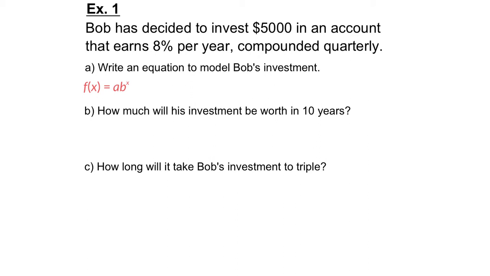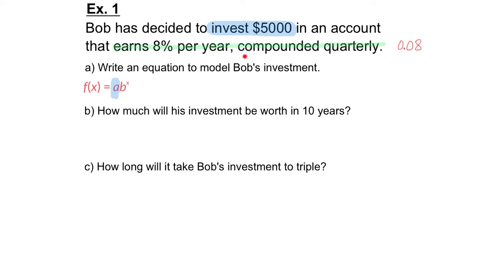Bob has decided to invest $5,000. Okay, so if he invests $5,000, that means he's starting with that much money. That's your initial value. Now, the other piece of information that I'm given is it earns 8% per year compounded quarterly. That refers to a growth rate. Now, if you look at 8%, you would write that as 0.08, okay?